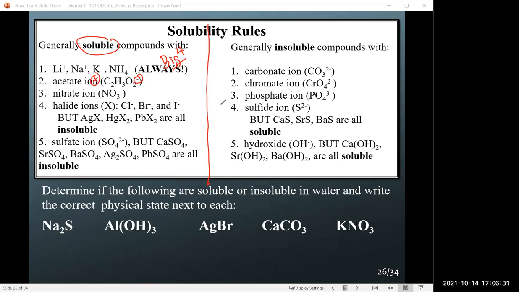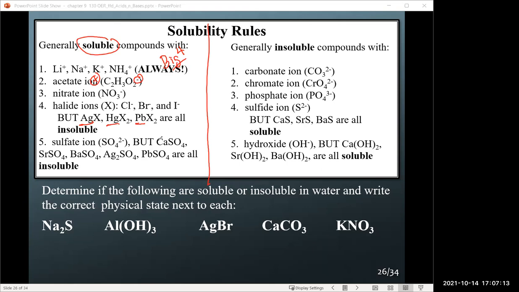Okay. The nitrate ion, similar situation. Any cation, any metal attached to the nitrate ion, it is classified as soluble. The halides, specifically chloride, bromine, iodine. Every cation bonded to these three ions is soluble, except when those halogens are bonded to these big metals, silver, mercury, or lead.